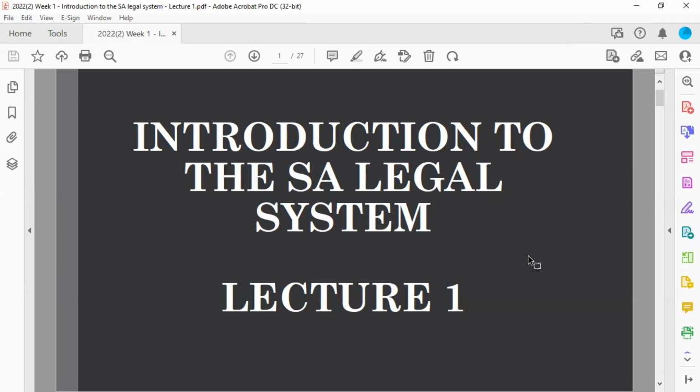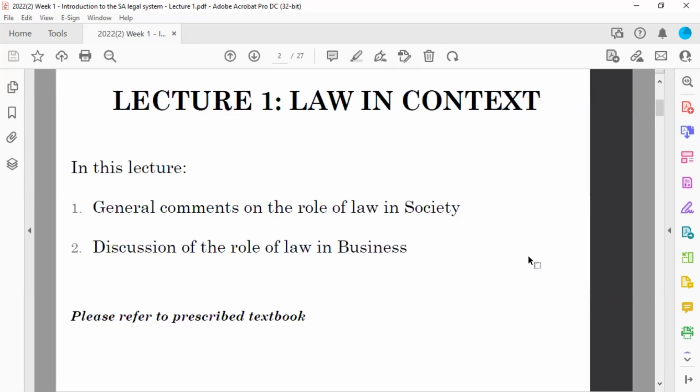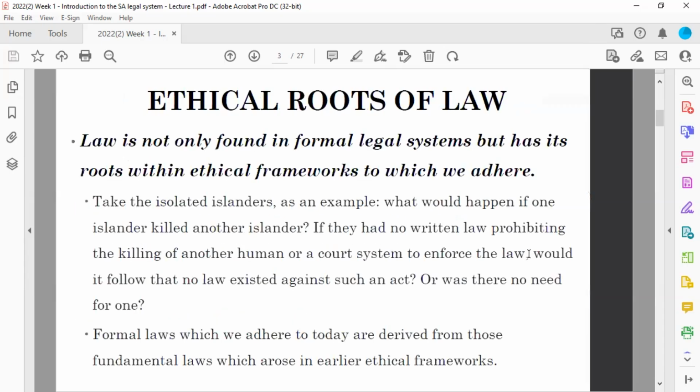What is the purpose of the law in society as a whole, right? And the second question we ask, what is the purpose of the law in business relationships, or in the commercial field, right? So let us see. Firstly, with regard to the role of law in society.